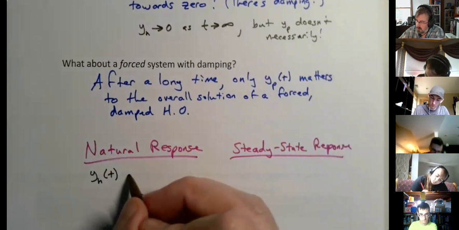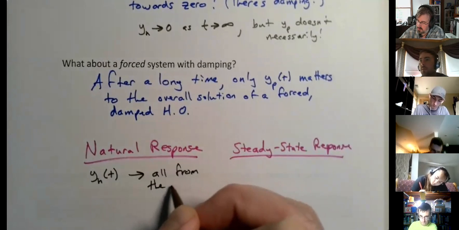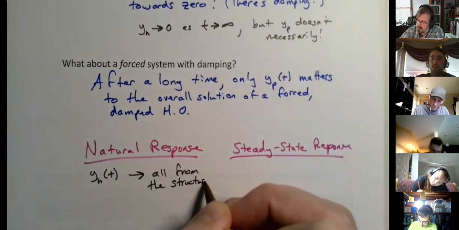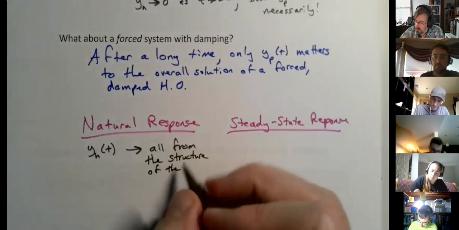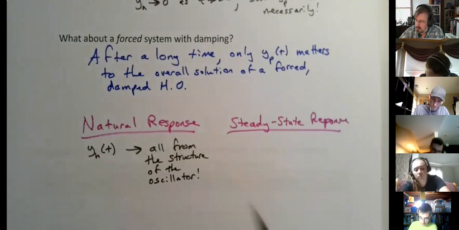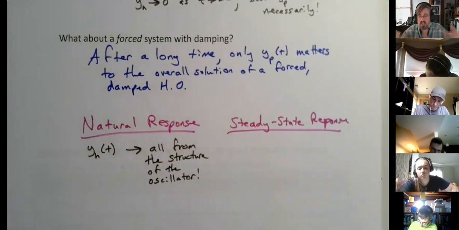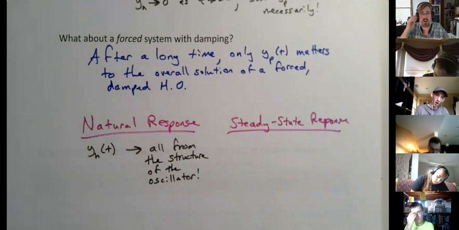And this is all from the structure of the oscillator. Right? So everything about the natural response comes from the oscillator itself. So if you want to know if it's a mass on a spring, you want to know what y sub h is, you're going to have to look at the spring.